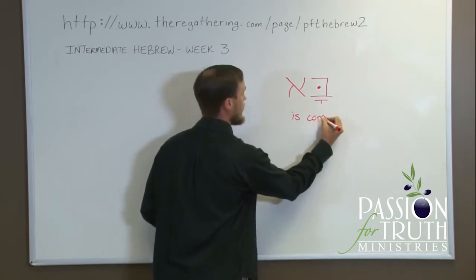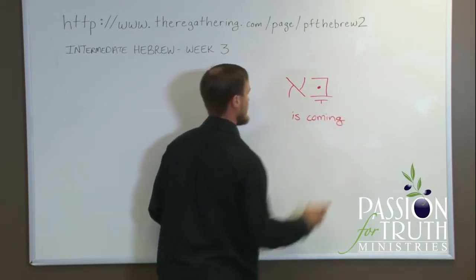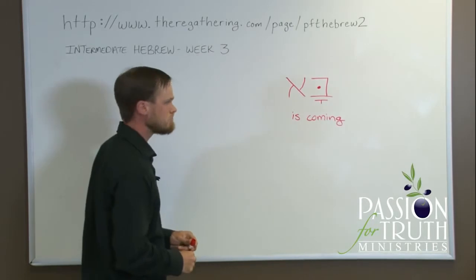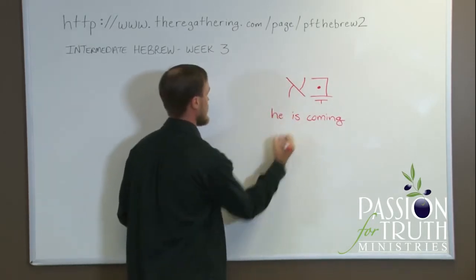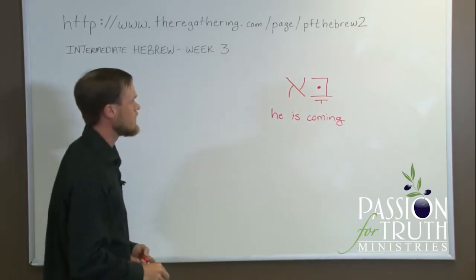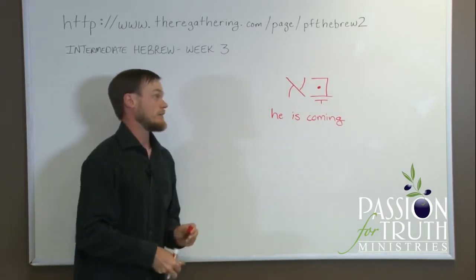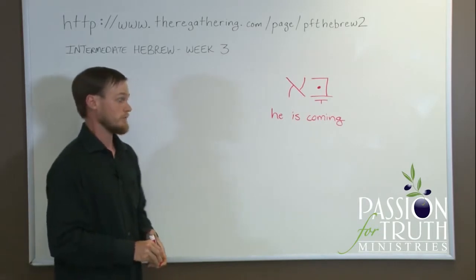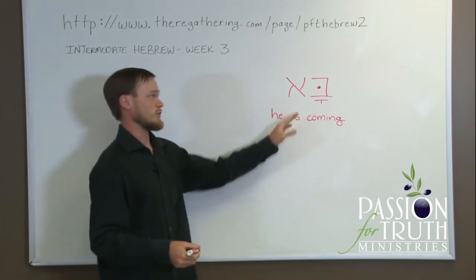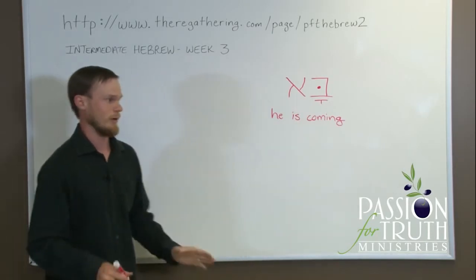So you could translate ba is coming, or perhaps even he is coming. The root of ba means to come. So this is the present tense form, which would be is coming, as in right now.